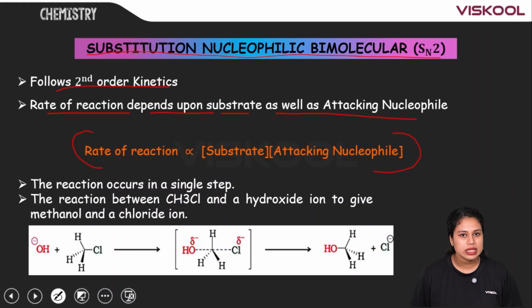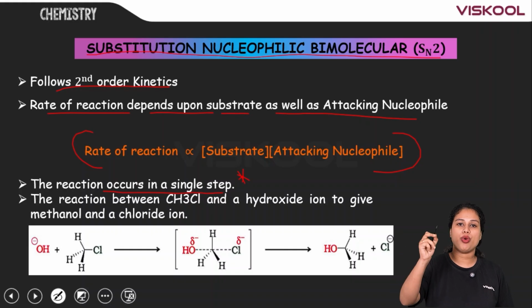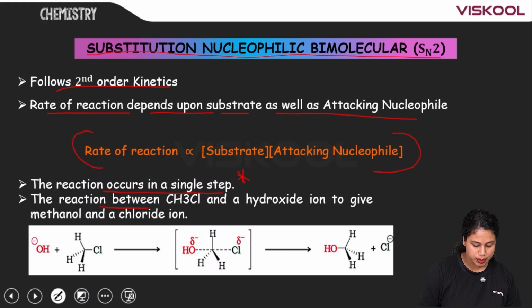For the SN2 reaction, the reaction occurs in a single step. Important point: it follows second order kinetics and proceeds in a single step. Take the reaction between CH3Cl and a hydroxide ion to give methanol and a chloride ion.